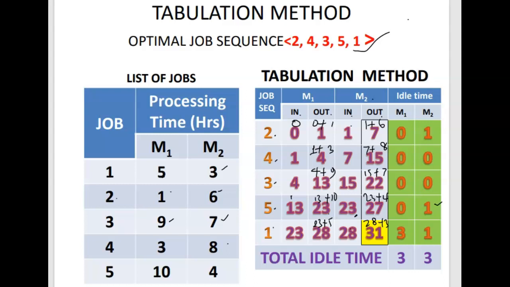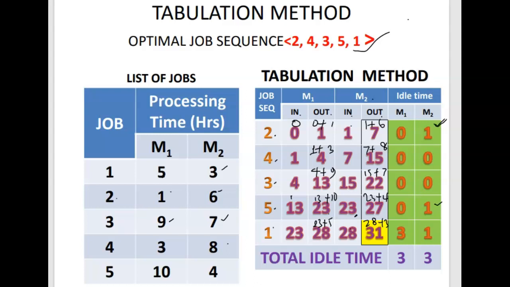So how do we calculate the idle time? Job 2 got to machine 1 and is spending 1 hour. That means machine 2 was waiting for 1 hour, because it will not start working until it gets the job from machine 1. Machine 1 said, okay, I'm working on this job for 1 hour, so wait for that 1 hour until I finish. So machine 2 was idle for 1 hour.